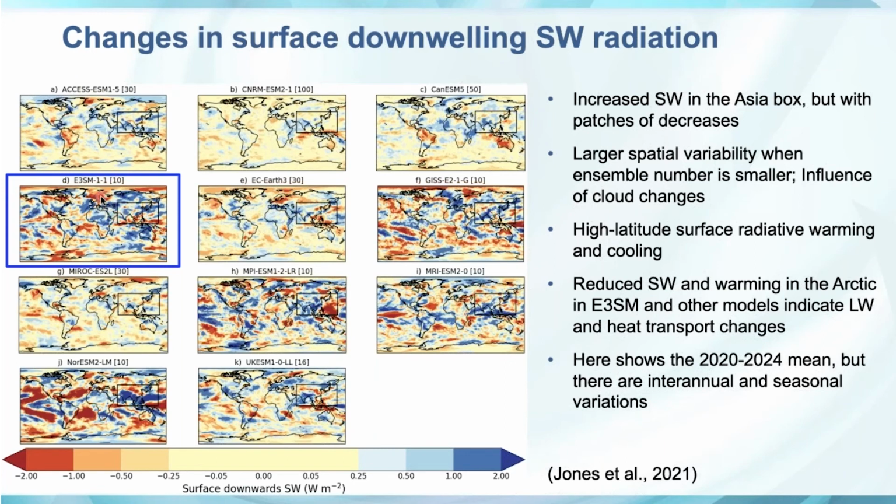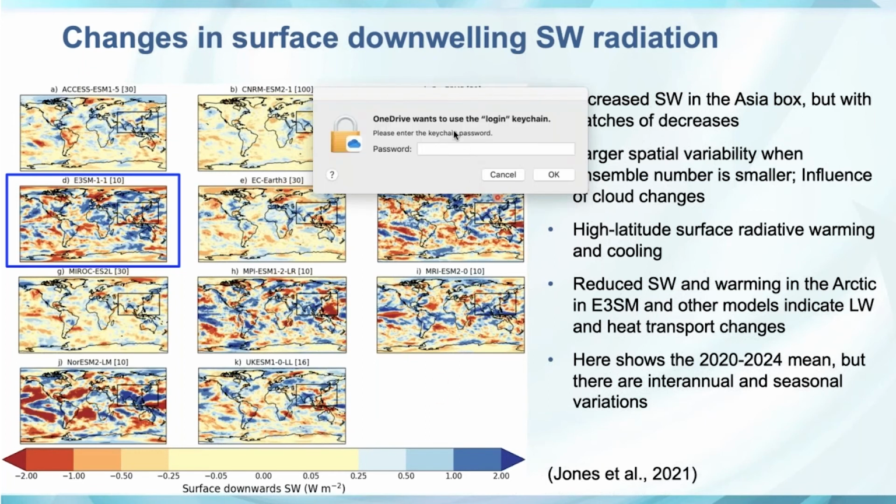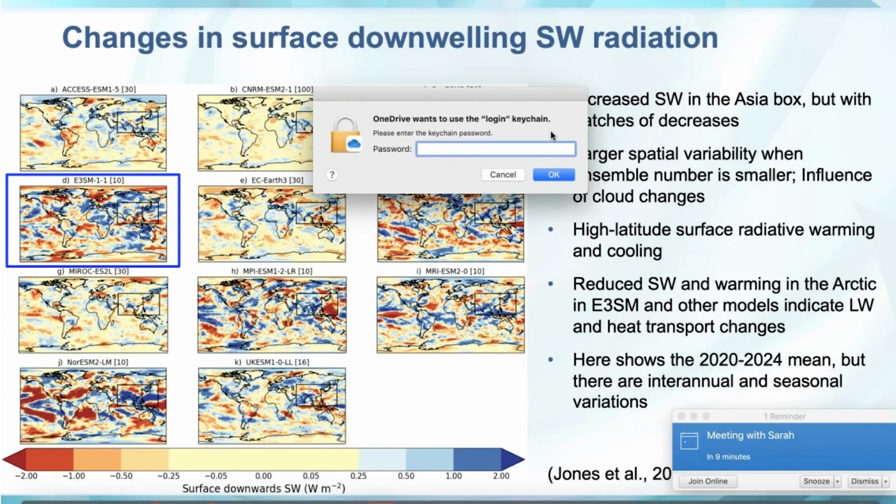That suggests that either longwave radiation or heat transport dominates the surface temperature response. So far I've been showing the 2020 to 2024 mean, but there are also inter-annual and seasonal variations.